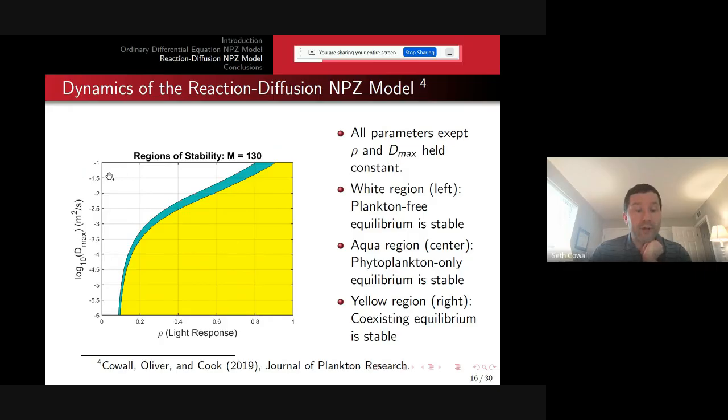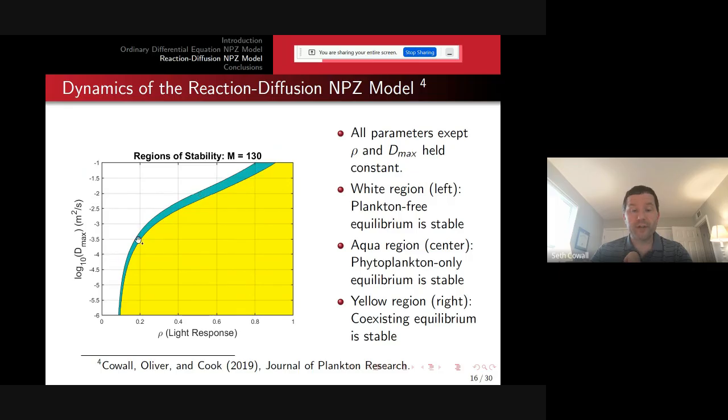So up here, where we have low light and high diffusion, we have the white region where the plankton-free equilibrium is stable. But if we turn up the light and turn the diffusion down, we could get somewhere into this aqua region where the phytoplankton-only equilibrium is stable.